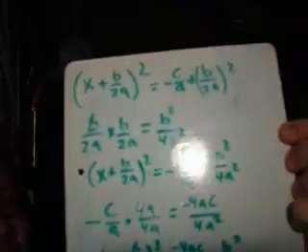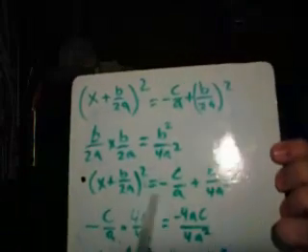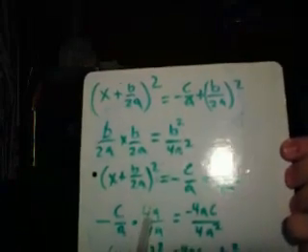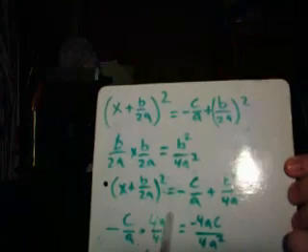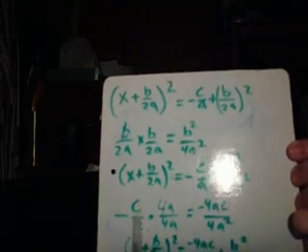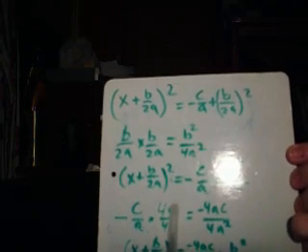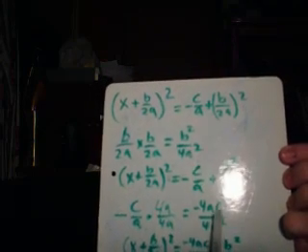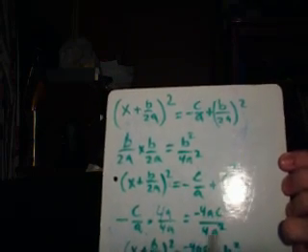Now, if you take 4a and divide it by 4a, you get 1. So basically, we're multiplying it by the number 1, but in this case, we're writing it as 4a over 4a. Negative c over a multiplied by 4a over 4a gives us negative 4ac over 4a squared.